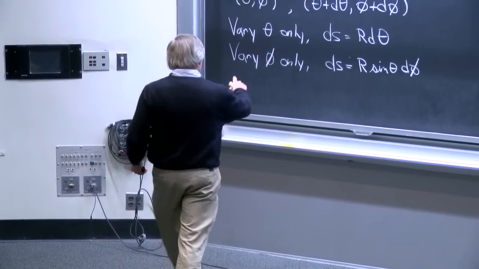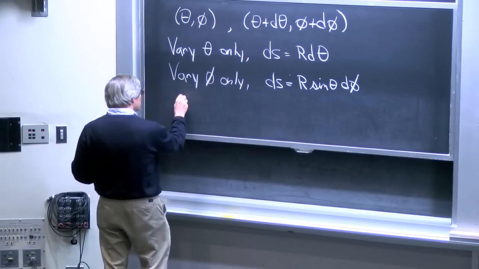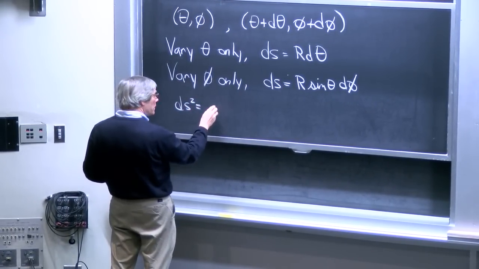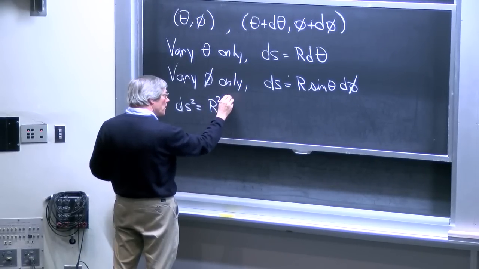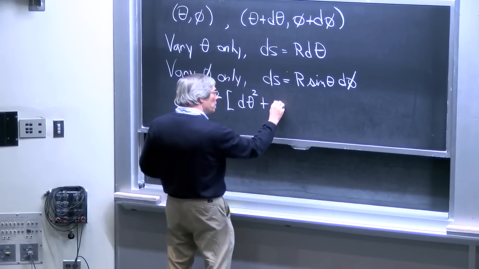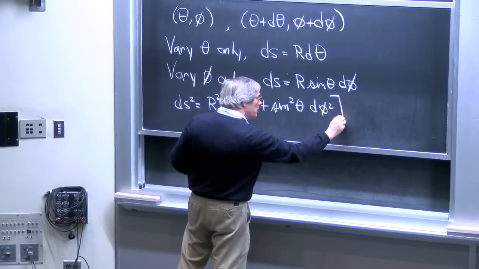So putting together these two variations, we get ds squared is equal to an overall factor of r squared times d theta squared plus sine squared theta d phi squared.